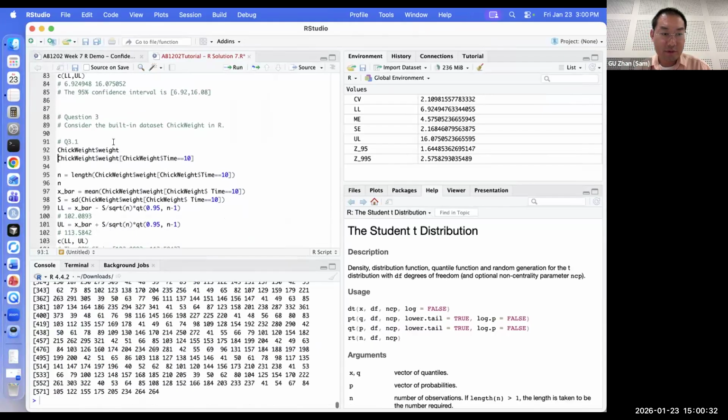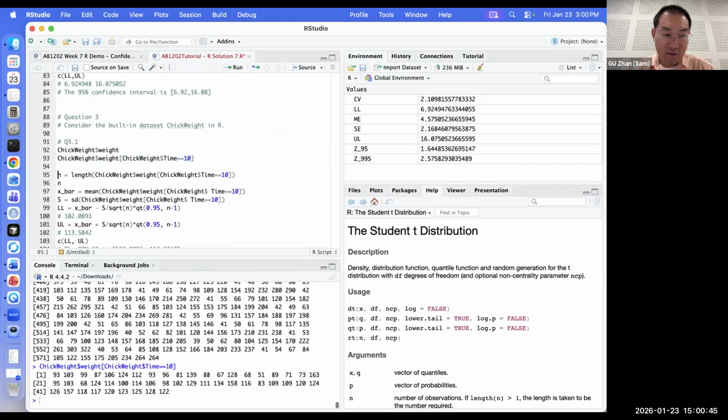First is the chick weight. ChickWeight is a large data set of more than 500 records. Then we say we want the chick weight where Time equals 10. So this is one way to find the chick weight of Time equal to 10 days.